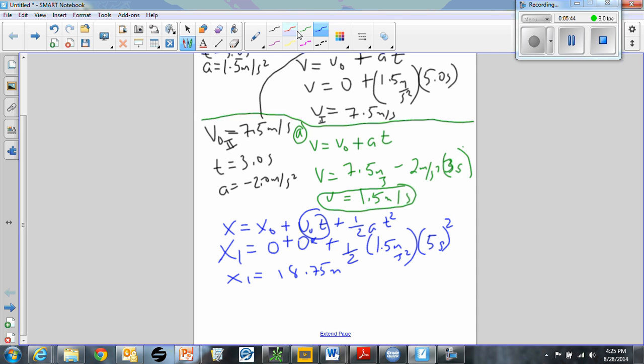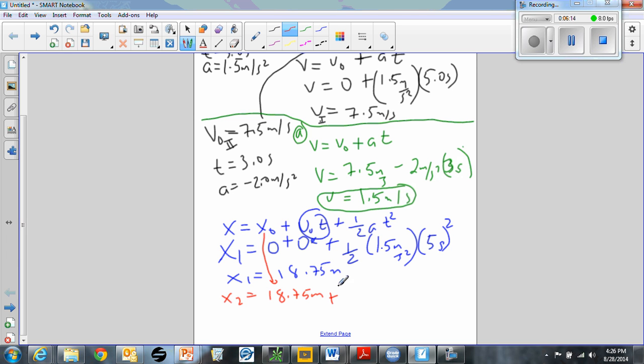x2, let's do that in red. x2 is going to equal x naught, which is 18.75, so let's just do that. That's how we add them together anyway. So x naught, this right here, is now 18.75, because that's where it's located when he starts braking.